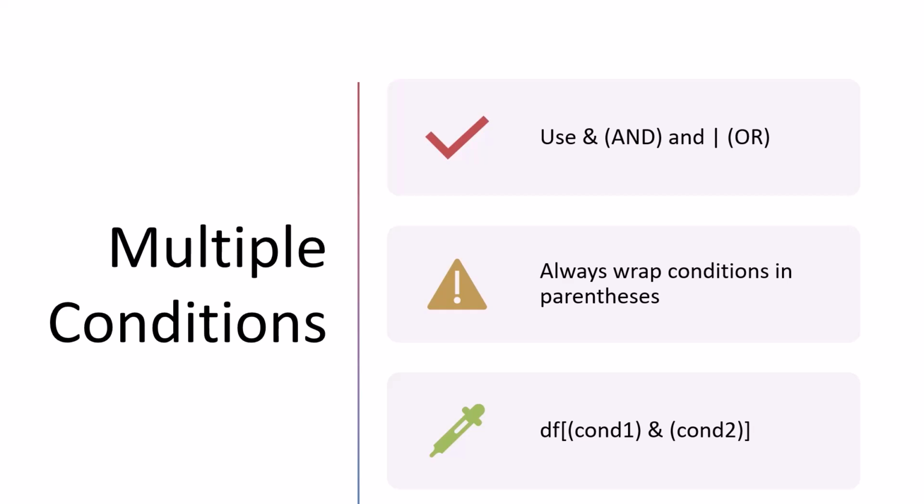This is one of the most common beginner mistakes, especially for developers coming from C# or JavaScript, where the words AND and OR feel more natural than these symbols. The key takeaway here is that Pandas conditions are vectorized, meaning they operate across entire columns at once.